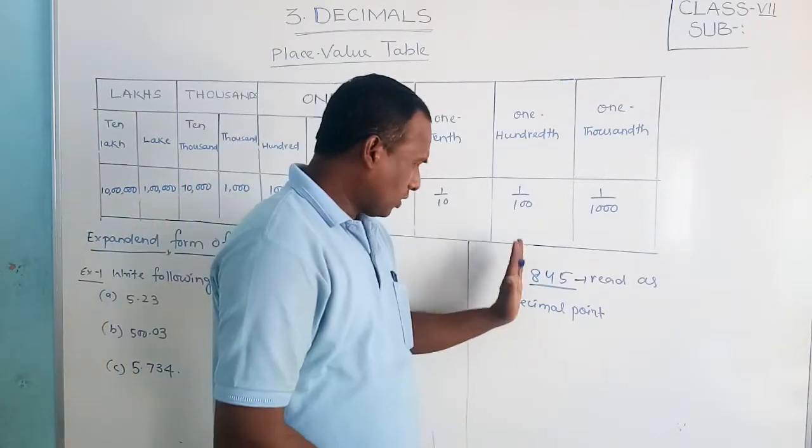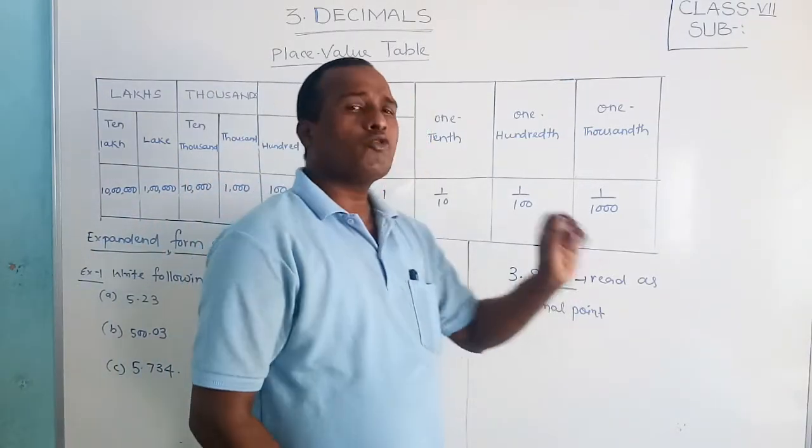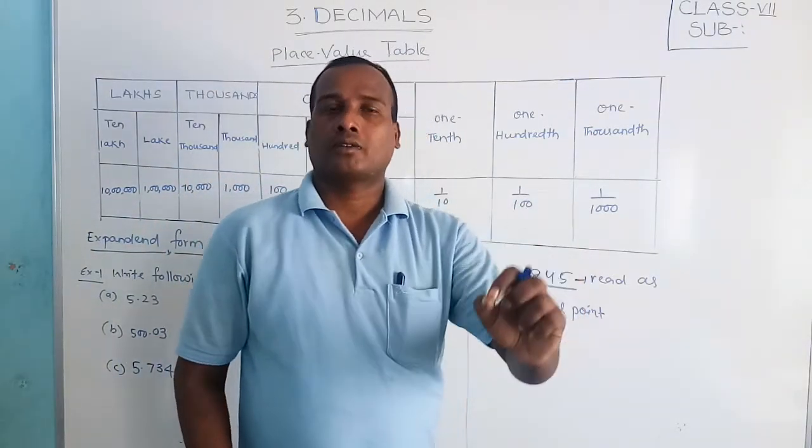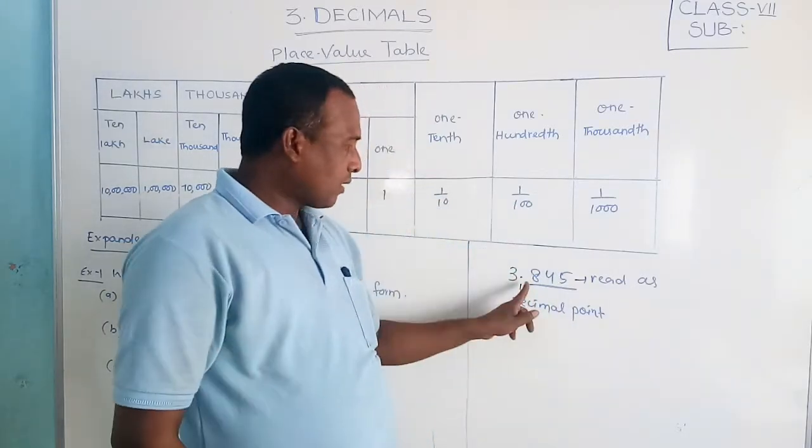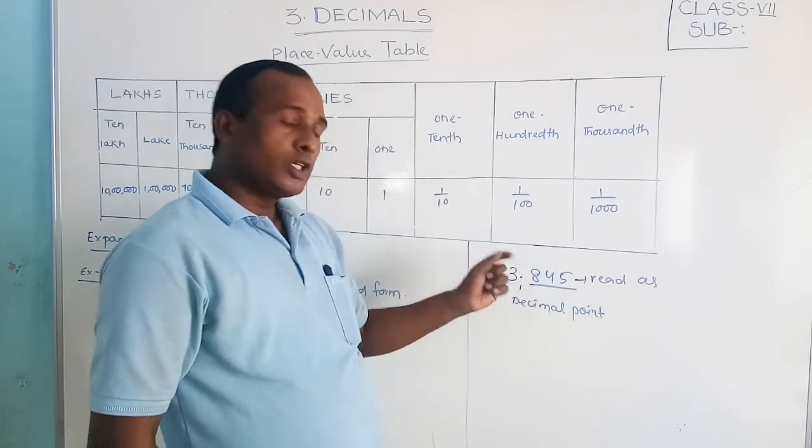So students, in the decimal part, you have to read all the digits one by one. Don't read them together. But before the decimal point, you read the number as usual.